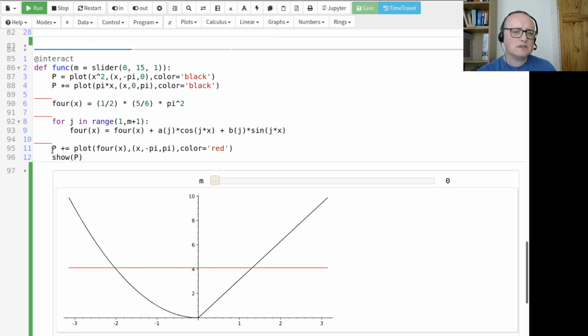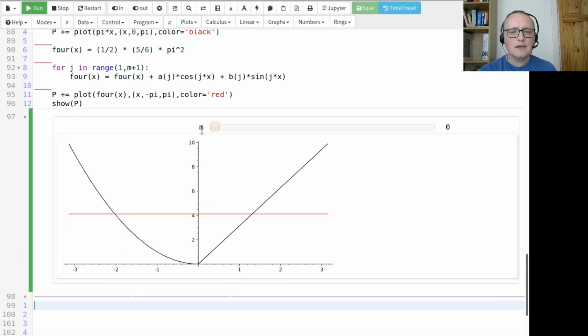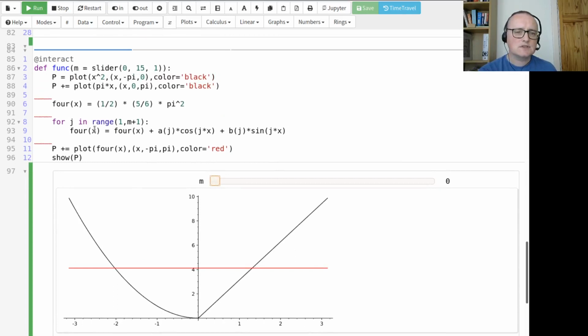The output that this widget gives us adds the plot of that Fourier partial sum, colored red, to the plot of the function f, and then I show that plot. So when we start off, m has the value 0, and so this for loop for j won't get executed at all. We're just left with the constant approximation to the function f.